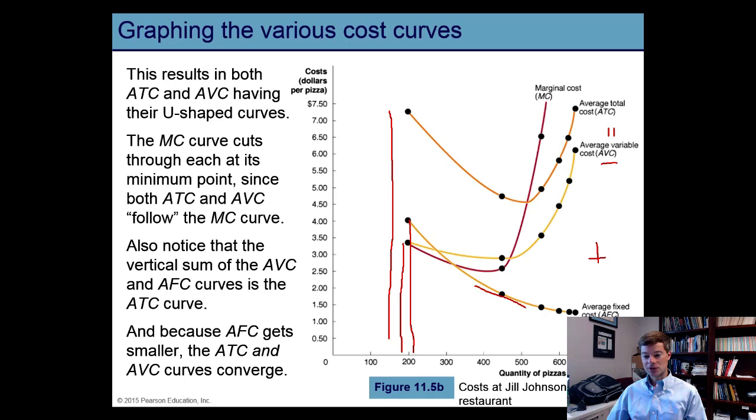Since average fixed cost is getting closer and closer to 0, that means we're adding less and less average fixed cost to average variable cost as output increases, and so the result is that the average total cost curve and the average variable cost curve get closer and closer together. The more output you produce, the closer these two curves get together, and the reason is because you've got less and less average fixed cost to add to average variable cost to get average total cost.